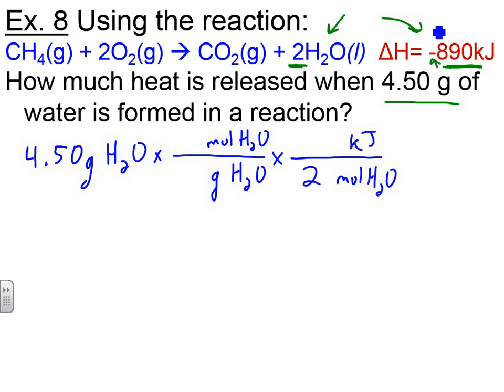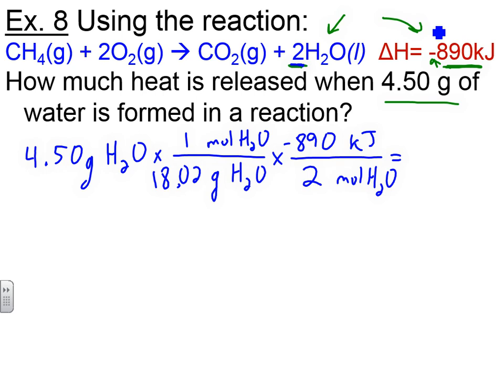Now, you could put the negative if you'd like, and then your heat change will come out as negative since it's being released. In this case, a mole of water is still 18.02 grams of water. Go ahead and let's do this calculation. Pull up your calculator. We got 4.5 times 1 divided by 18.02 times negative 890, and you get yourself 222.